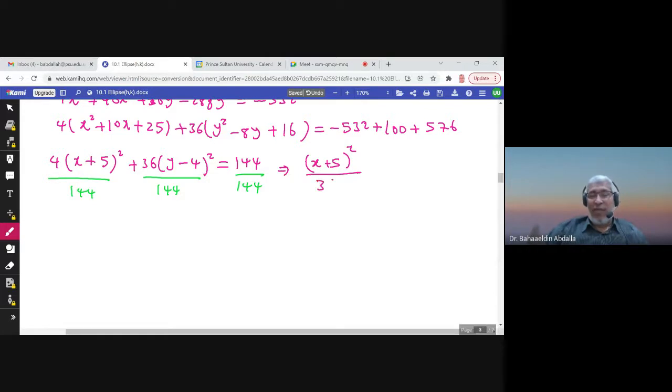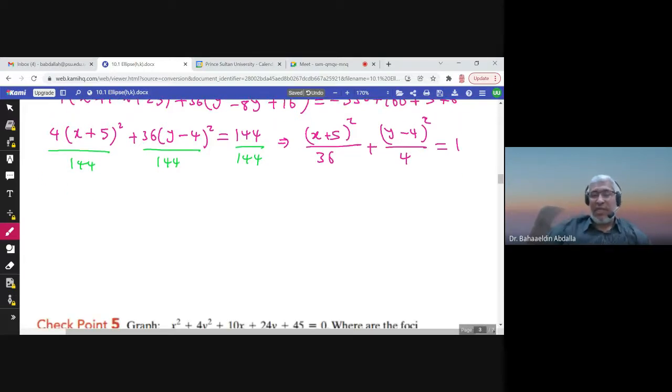So I'll have 36 here and 4 here. 36 over 144 is 1 over 4, and 1 here, and this is the equation of the ellipse written in the standard form.